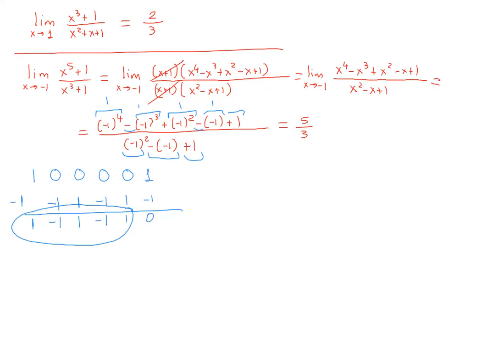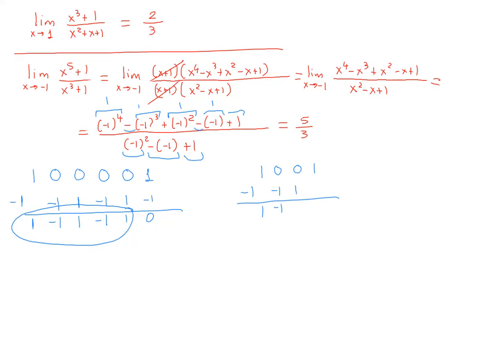The synthetic division on the bottom is even simpler. We will have 1, 0 for 2nd degree, 0 for 1st degree, and then 1. We have the -1 here, bring down 1. -1 times 1 is equal to -1 that we write here. We add it.